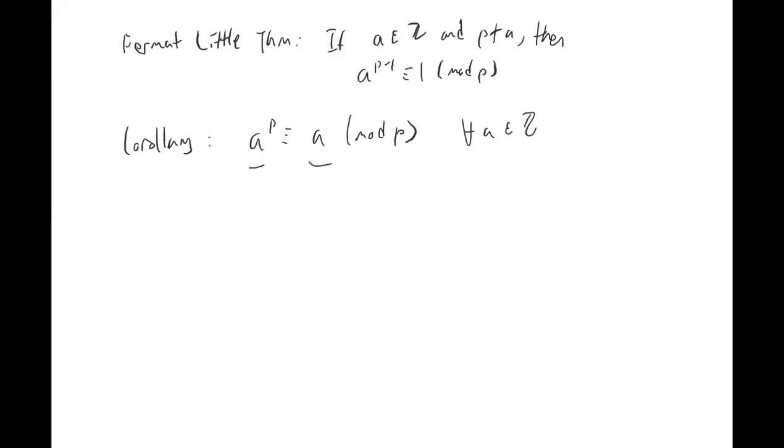Okay, so that's for primes, right? What about non-primes? So Z mod nZ, plus and multiply. What are the units in Z mod nZ? Now, n is an arbitrary positive number.